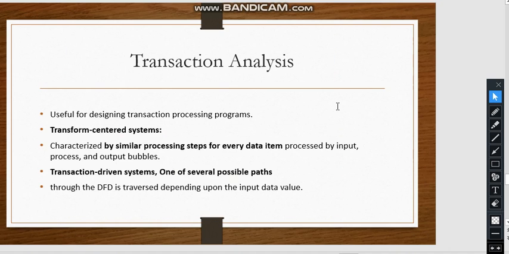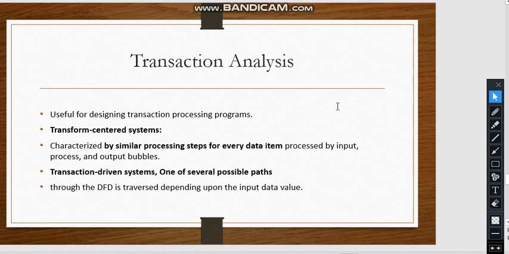Now we have the transaction analysis. The transaction analysis is useful for designing transaction processing programs. Here we have a transform centered system and a transaction driven system. A transform centered system is characterized by similar processing steps for every data item that is processed by the input, process and output bubbles.